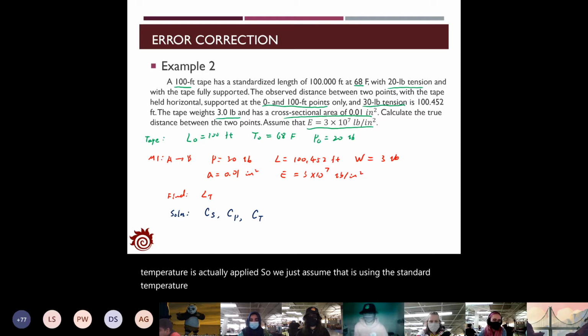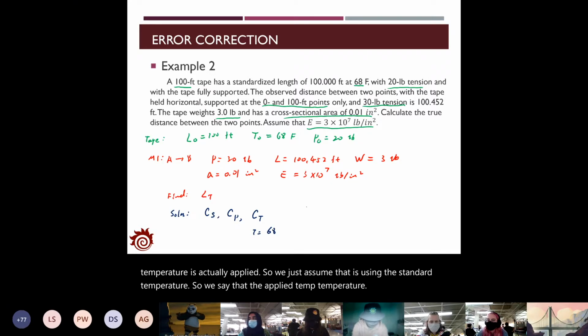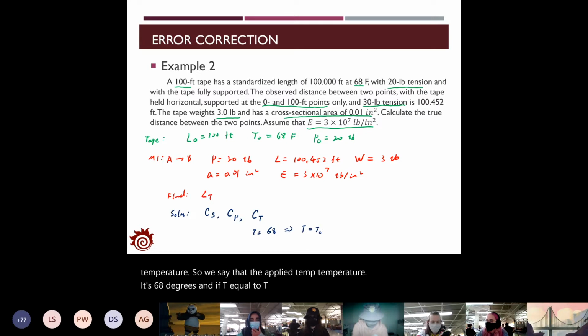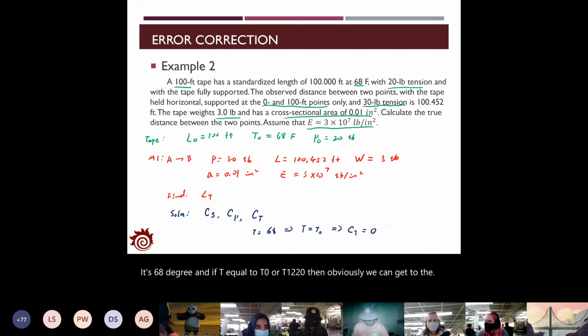So the applied temperature is 68 degrees, and if T equals T0, then obviously the correction for the temperature is 0. This is just one piece of information missing in the problem, and we make this assumption.